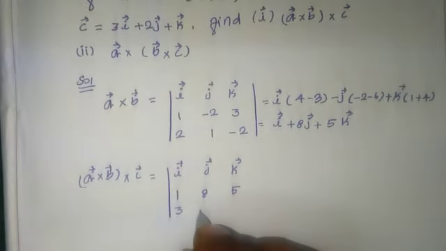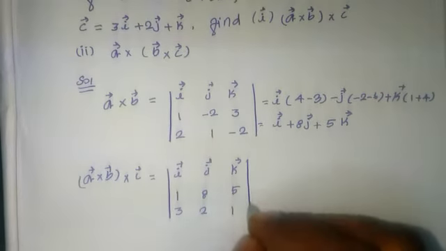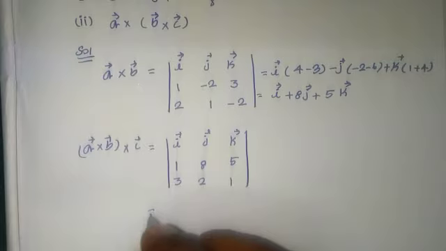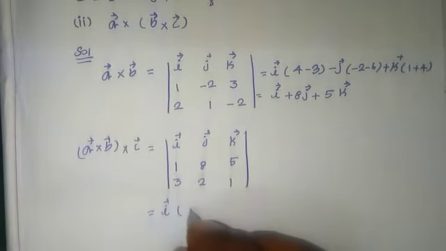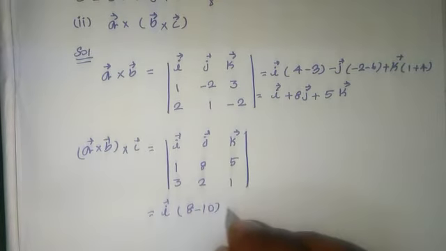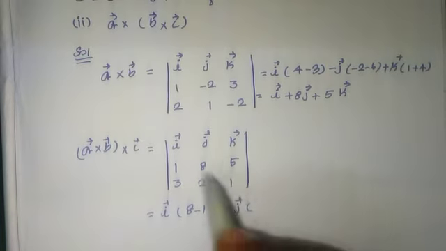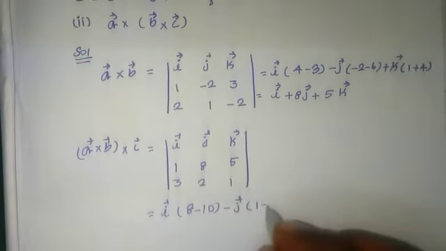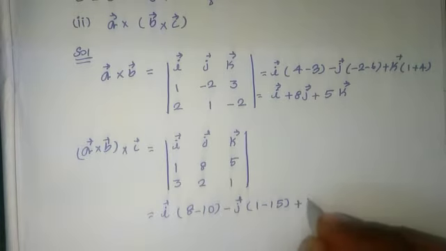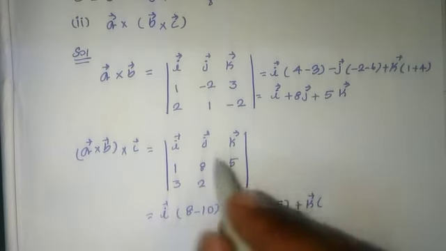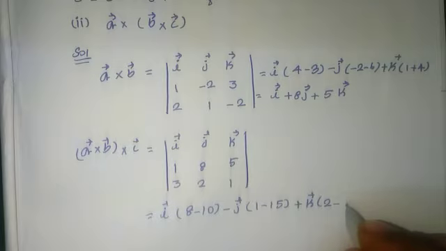So 3, 2, 1 is equal to i vector into 8 minus 10 minus j vector into 1 minus 15 plus k vector into 2 minus 24.